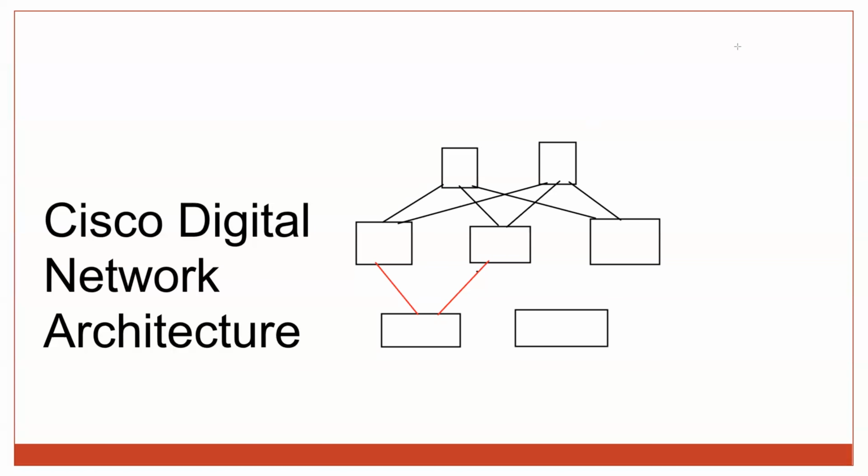And then let me use this green color. This may be a server, maybe UCS. UCS is server virtualization where you can connect with the storage, for example, NetApp.